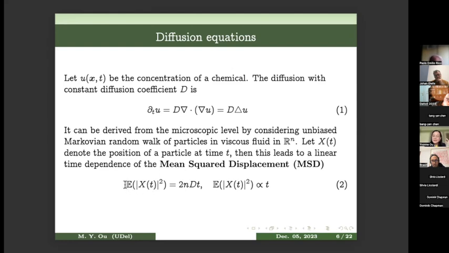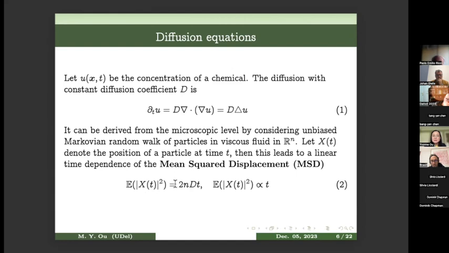You take the expectation value of the square, because you don't want them to cancel. If this is a standard Brownian motion, then this expectation value, the mean square displacement, will be 2 times the dimension times the diffusion coefficient D times the time.